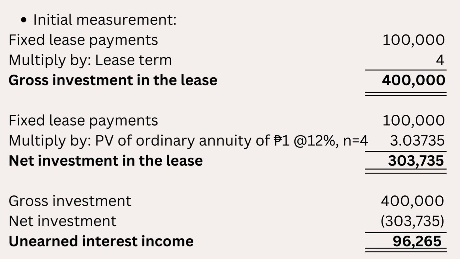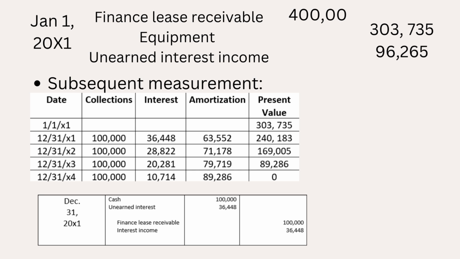Gross investment of 400,000 minus net investment of 303,735 equals unearned interest income of 96,265. Ito naman yung journal entry and subsequent measurement.